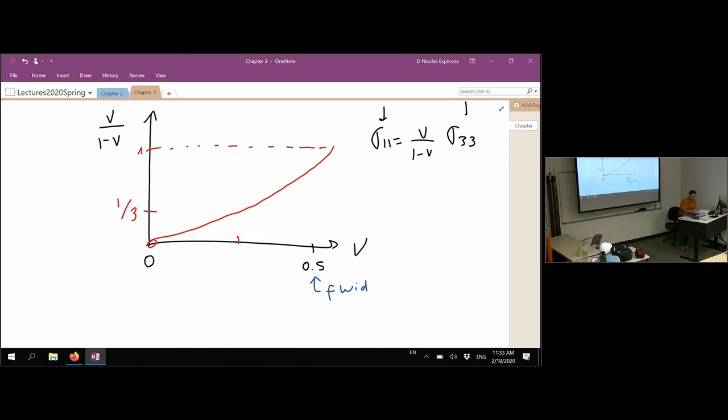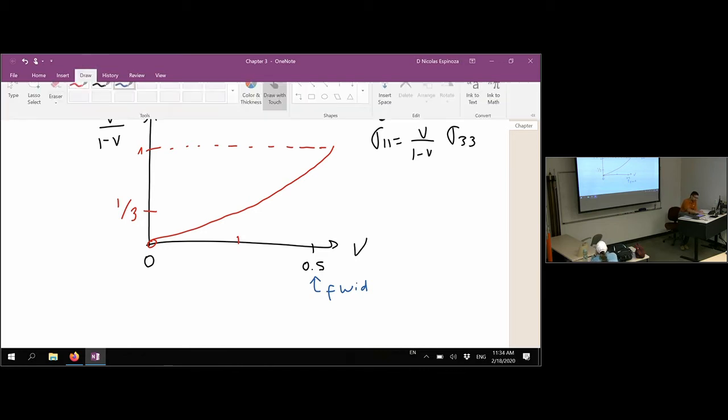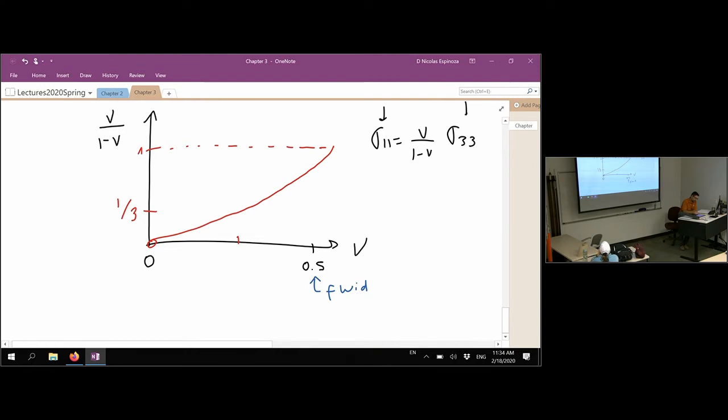So in a case, for example, in which the Poisson ratio is equal to 0.25, then the horizontal stress is just going to be about a third of the effective vertical stress, and the rock is going to be fine, no problem. And let me now complete this.